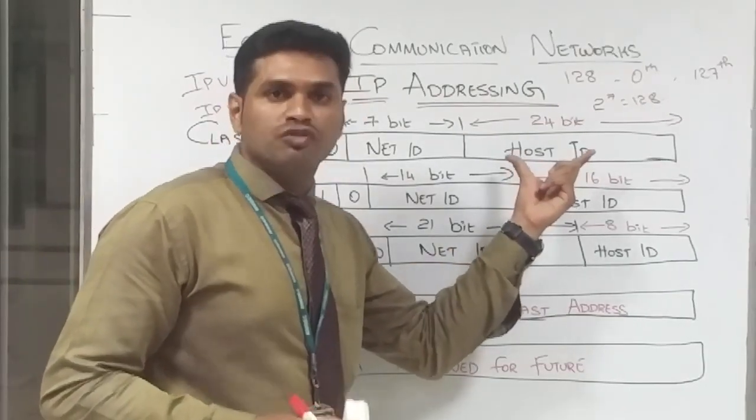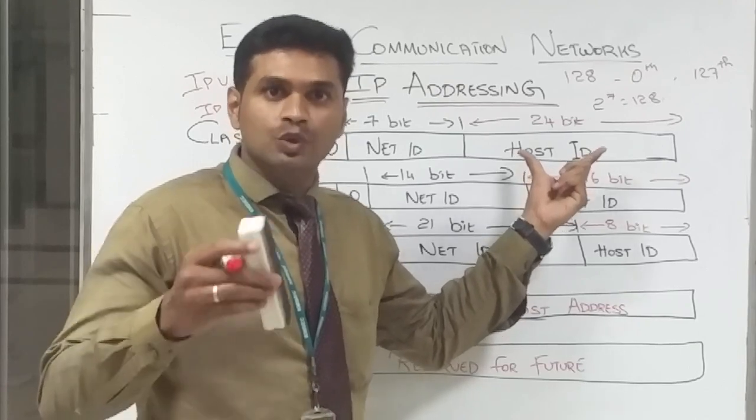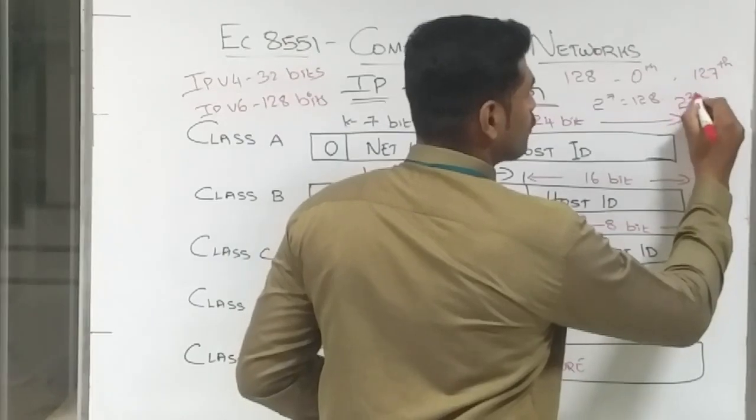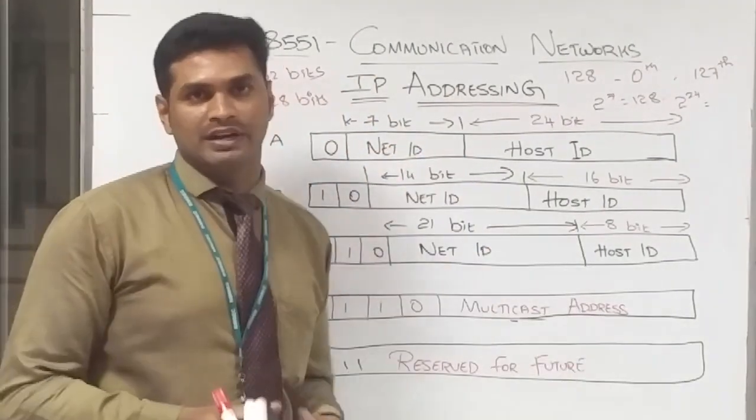Look at this part. This is the host part, that is, the end devices. How many end devices can be connected to each network? Here 2 power 24 host computers can be connected to each network.